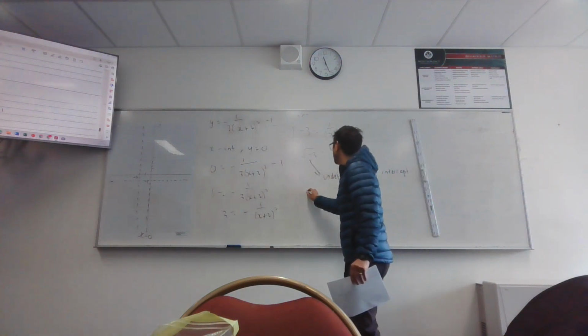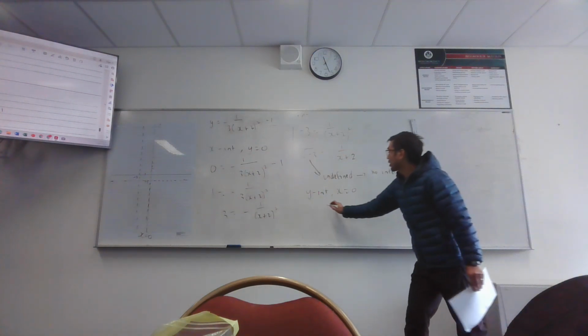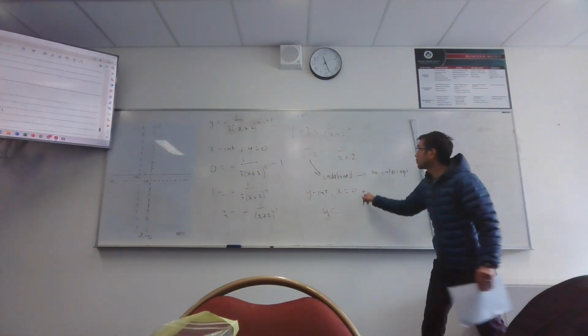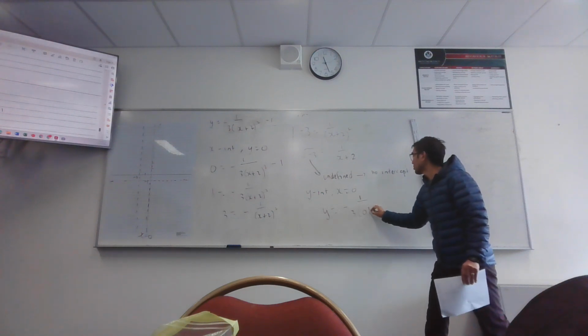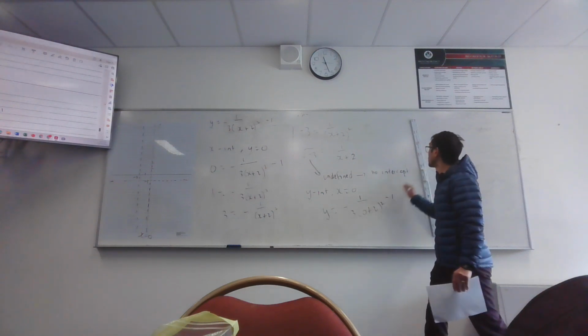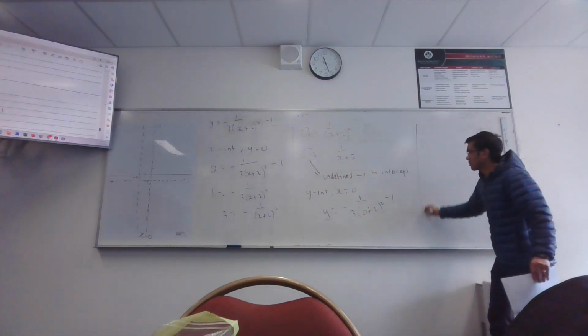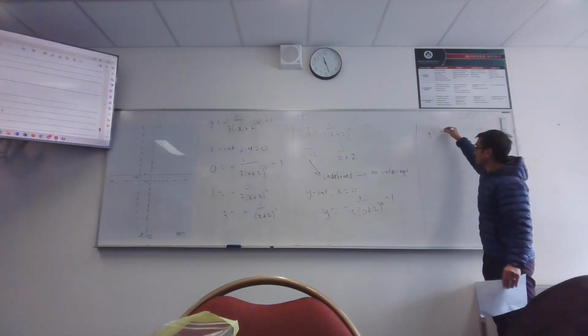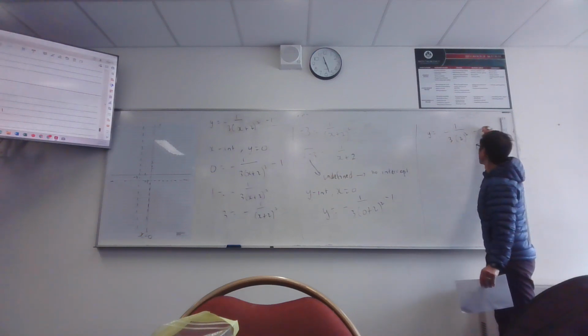Find the y-intercept. Good. We're going to punch in x equals 0. 0 plus 2 squared minus 1. Negative 1 on 3 times 2 squared minus 1.